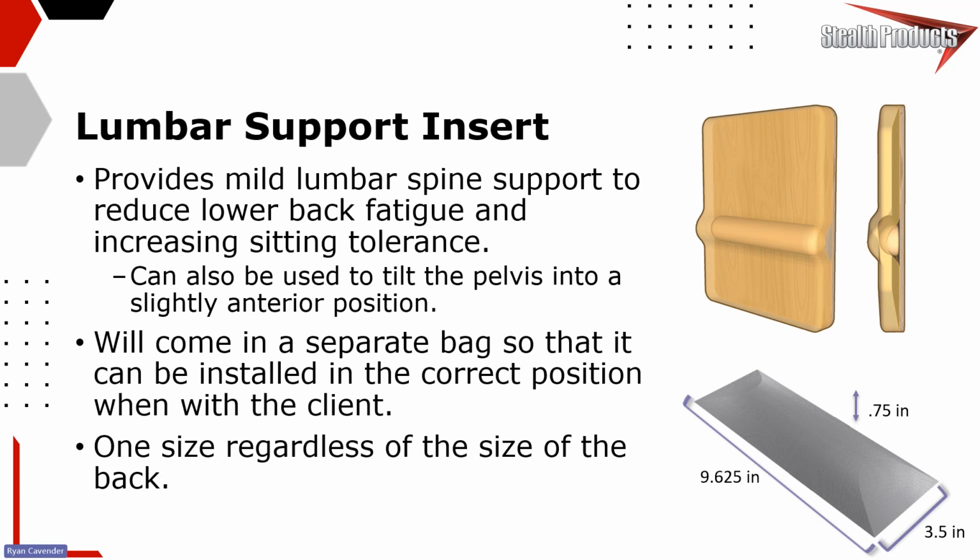We need a pelvic belt that's going to do its job, or the lumbar support's just going to kind of force somebody into posterior pelvic tilt. So we ship this in a separate bag so that you guys can place it in the field, and put it where the client needs it. We use a single size lumbar support regardless of the size of the backrest, so it's always these dimensions here. It's hard to make out in pictures and images, but it's a rounded curved face on there.